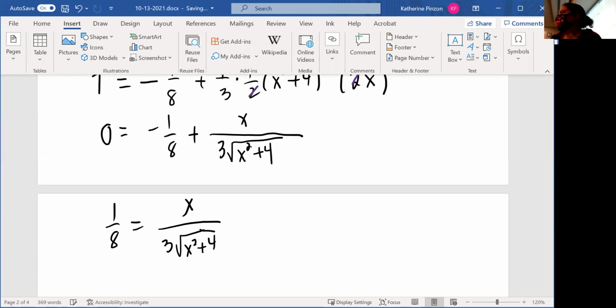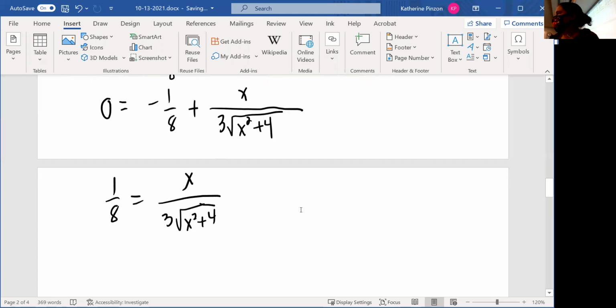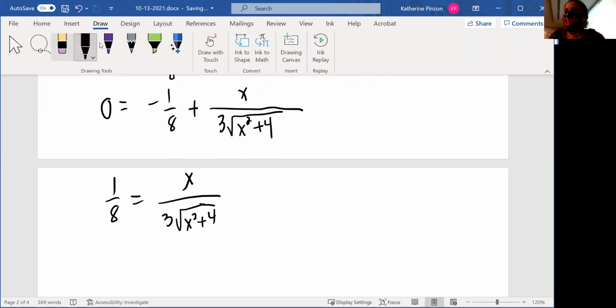And then I could just cross multiply. Yeah, that's kind of like getting a denominator, I think. I'm gonna cross multiply. So I get 3 square root of x squared plus 4 equals 8x.